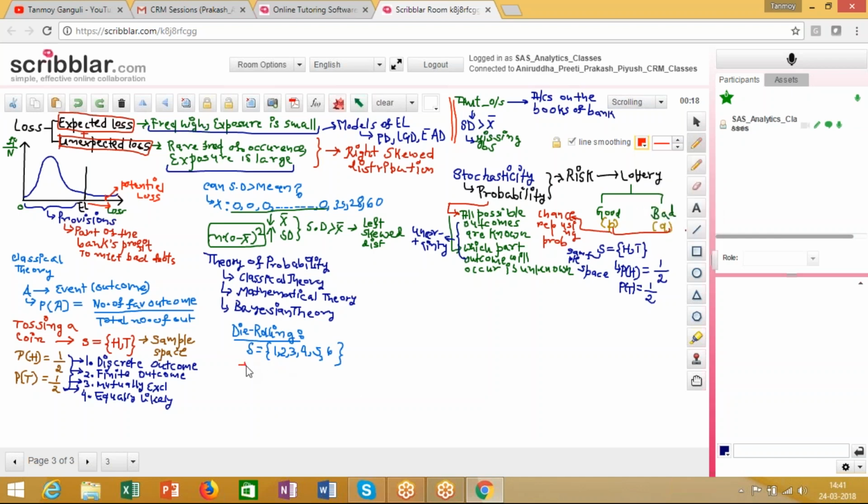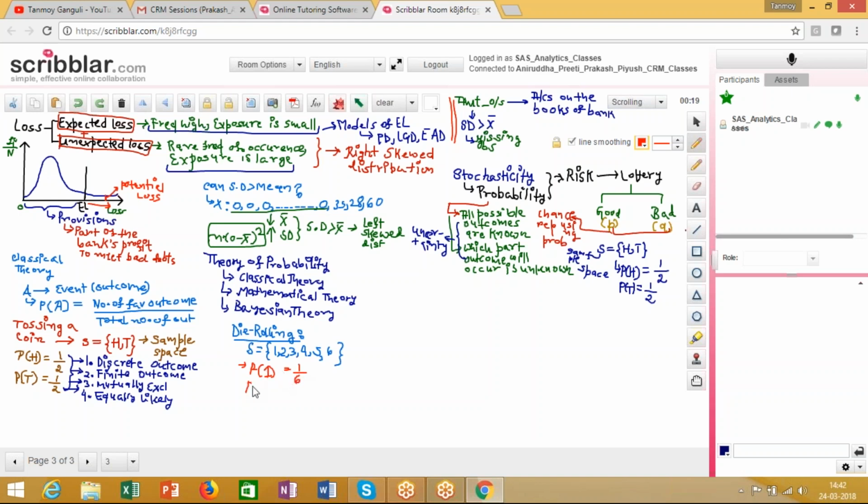If I roll the die once, what is the probability of getting one? The number of favorable outcomes: how many ways can I get one? There is only one possible way I can get one. And the total number of possible outcomes is 6.